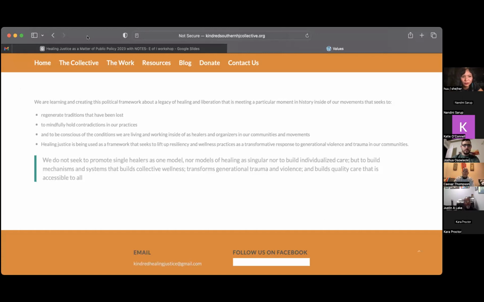Healing justice is being used as a framework that seeks to lift up resiliency and wellness practices as a transformative response to generational violence and trauma in our communities.